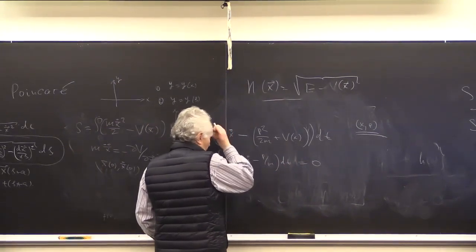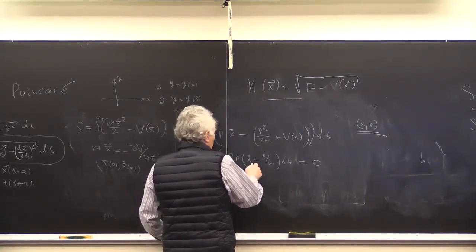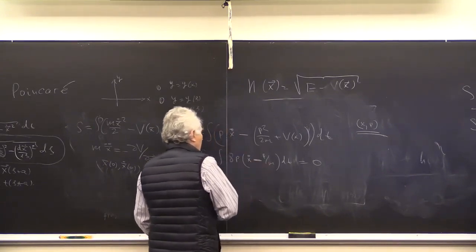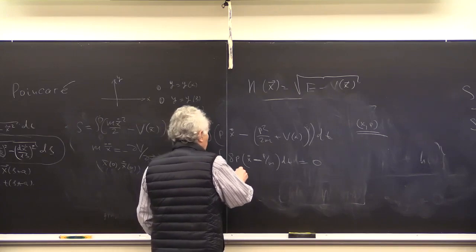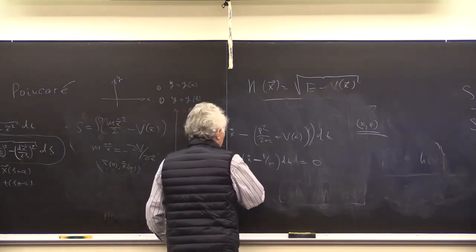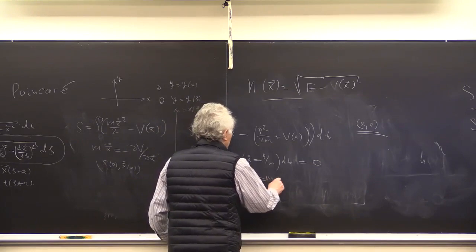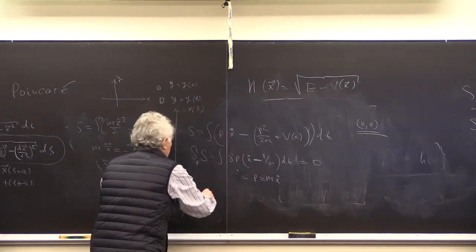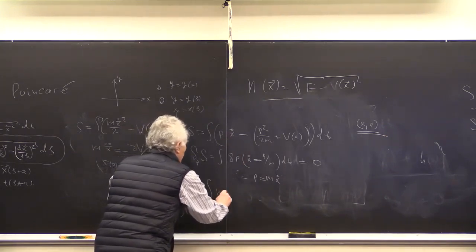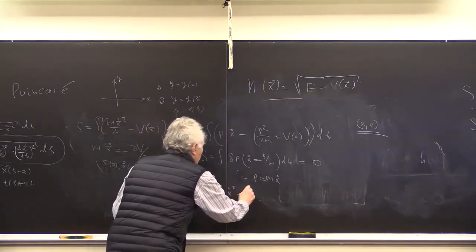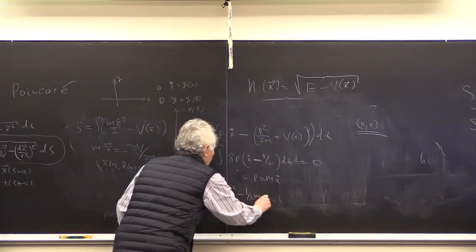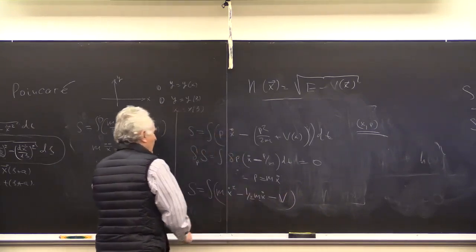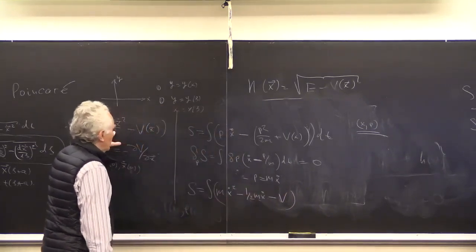From this we clearly have p equal to m x dot, and when we plug it back into this action, the first term gives you m x dot squared, the second term gives you minus 1/2 m x dot squared, and minus V. So we return to this action.